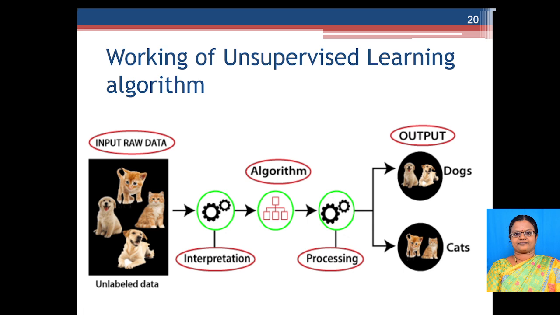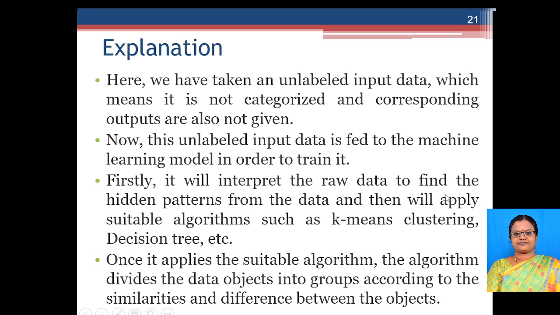Whereas in unsupervised learning, there is no human intervention and no labeled information. Only unlabeled information is given, so that it has to be interpreted before applying it to the algorithm, right? After that, the processing happens and similar elements are grouped together.